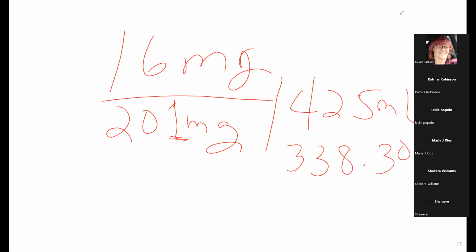Now, the other way you can do this is you can take the 20.1 and divide it by your mLs, which is 425. Wait a minute, I did that backwards. I'm sorry, my bad. 425 goes on the top.